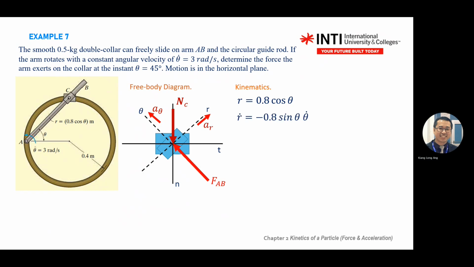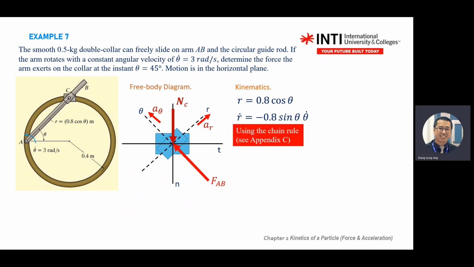This one you need to recall. There are slides about this polar coordinate pattern. In this case, you need to refer to Appendix C, chain rules. Of course, in assessment, your test one or your final exam, you will not see Appendix C information.